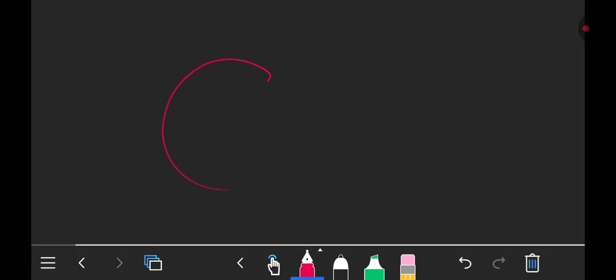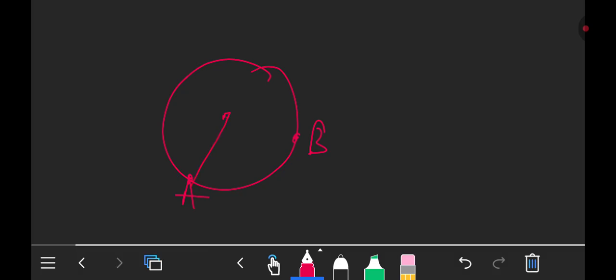So we're talking about a situation where I have, let's say, a circular path. Then I have an object at point A moving to point B. Let's say that is my center.